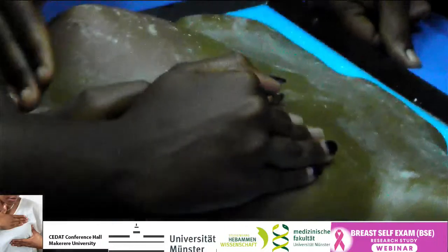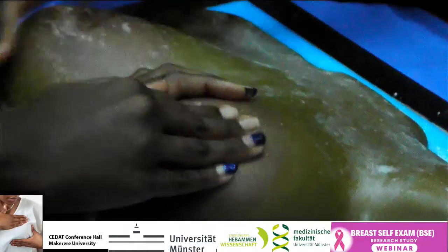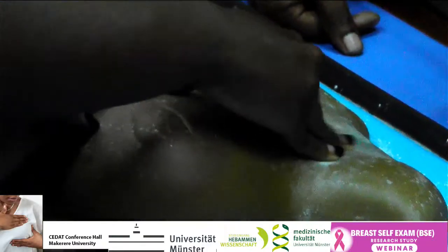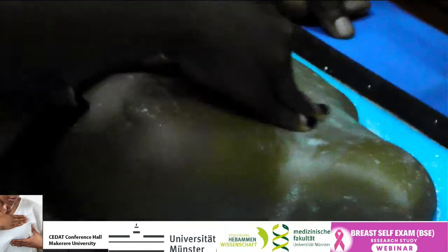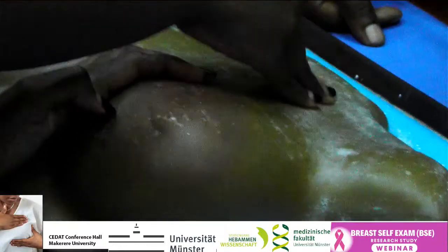When you reach the nipple, we press and then you continue. Move up. We are targeting the lymph nodes at the clavicle area, upper clavicular and lower clavicular, okay?